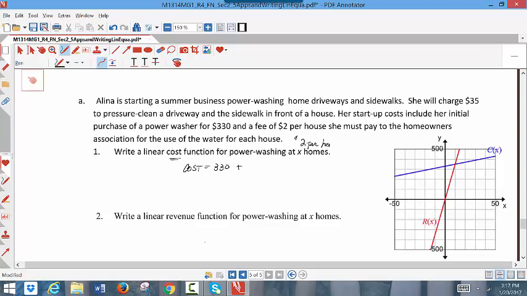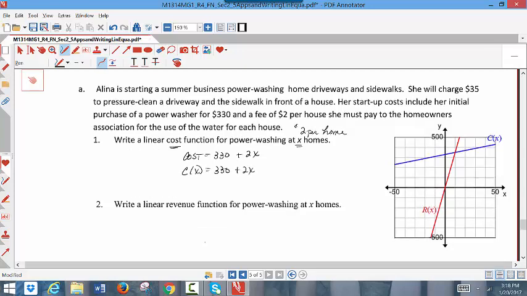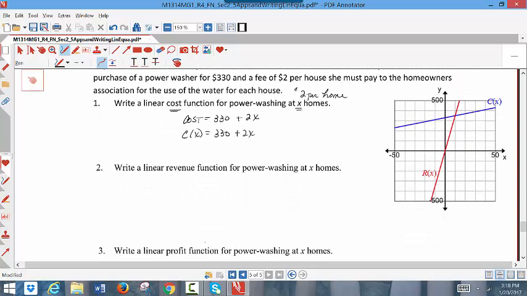So it's going to be 2 times X. When you use the word per, it's going to be 2 times your variable, and we try to always use X. So X is the number of homes. There's the cost. And if we put it in function notation, instead of saying C equals, we will use C of X.